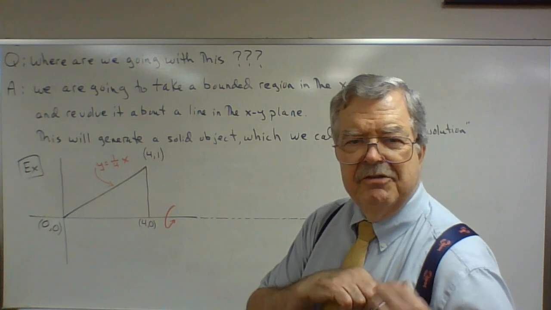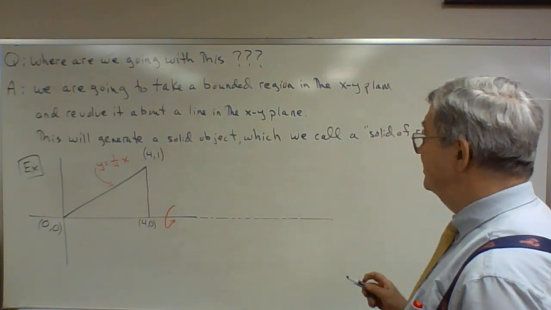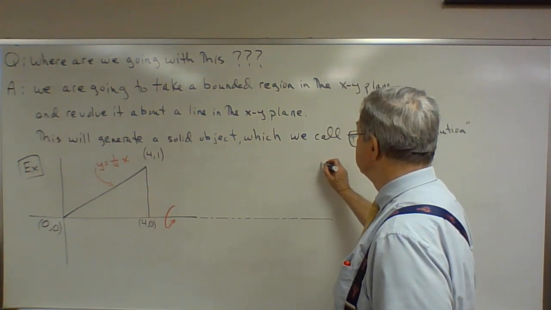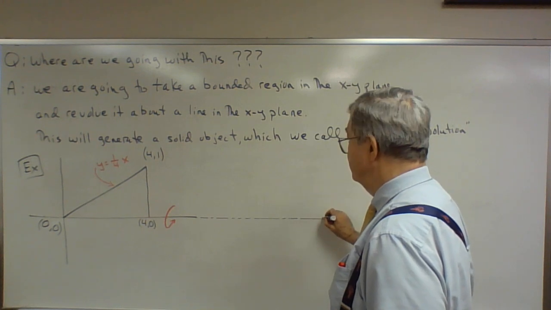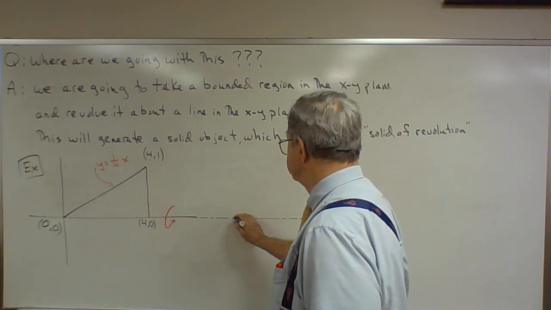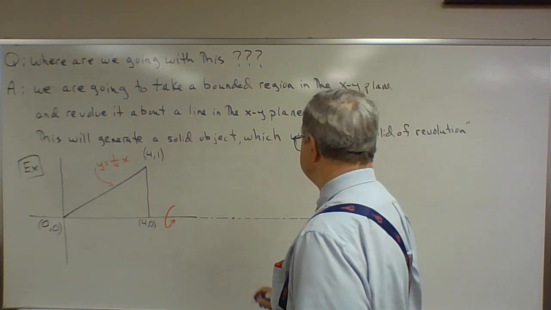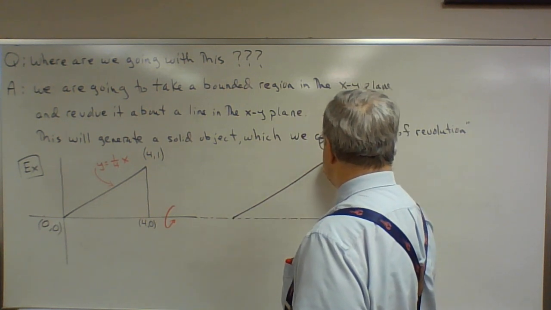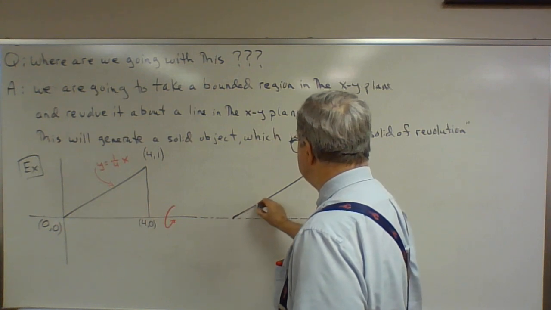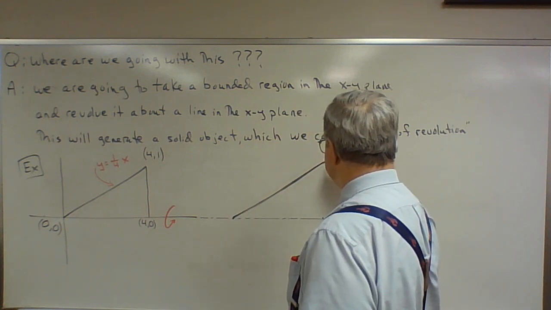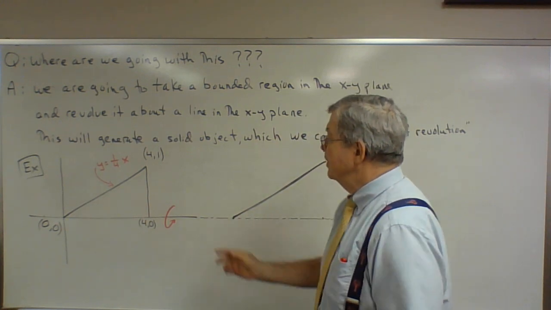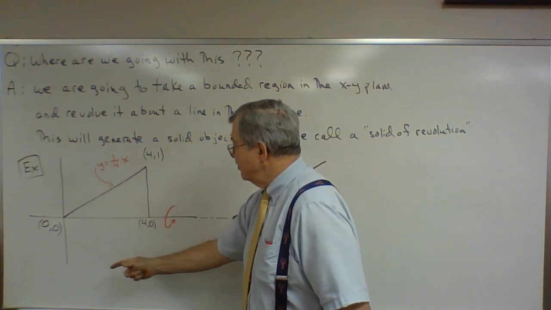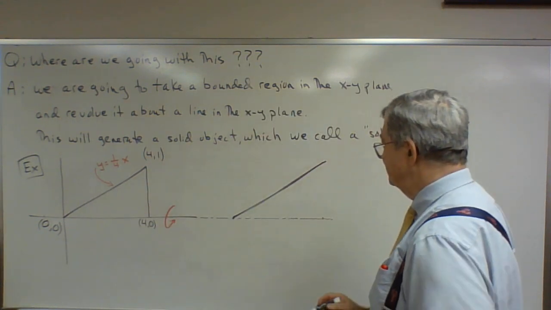Now let's see exactly what this solid object will look like. We're taking this thing and revolving it all the way around the x-axis.